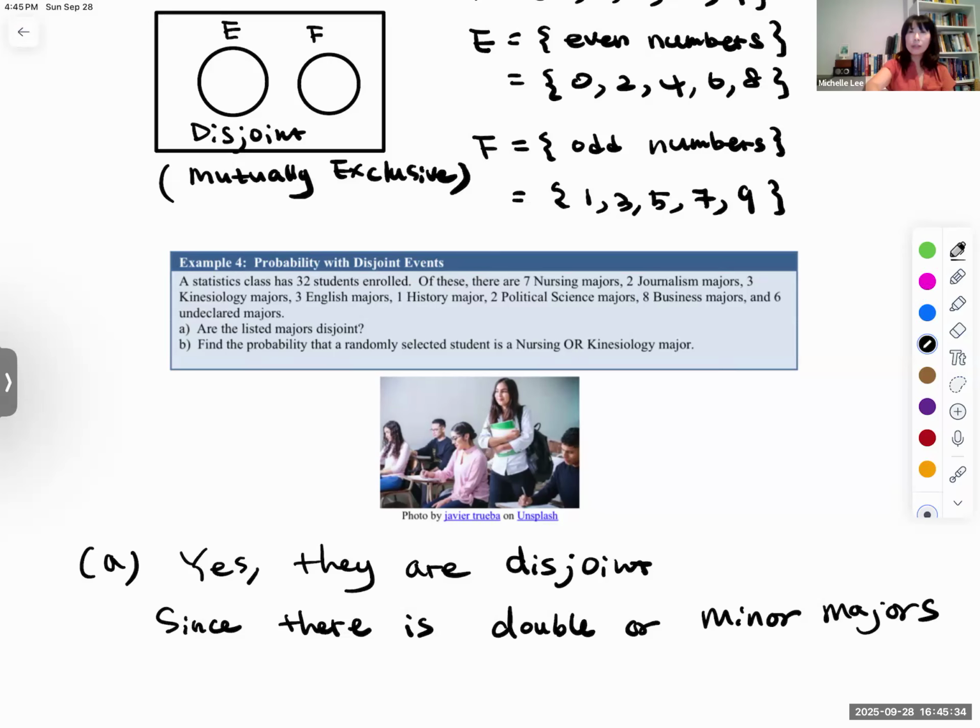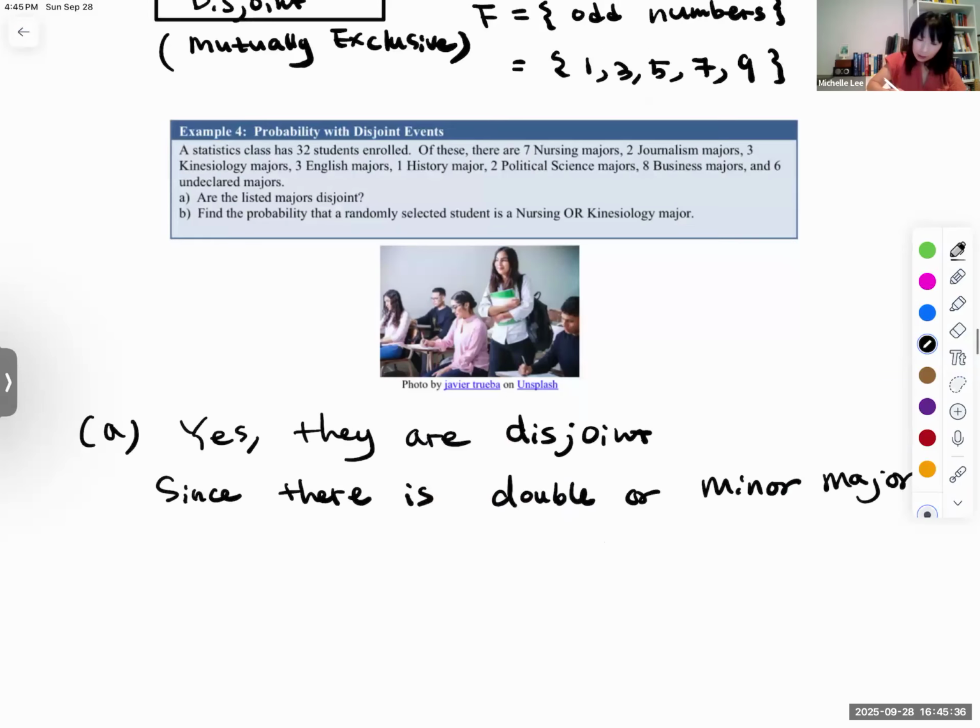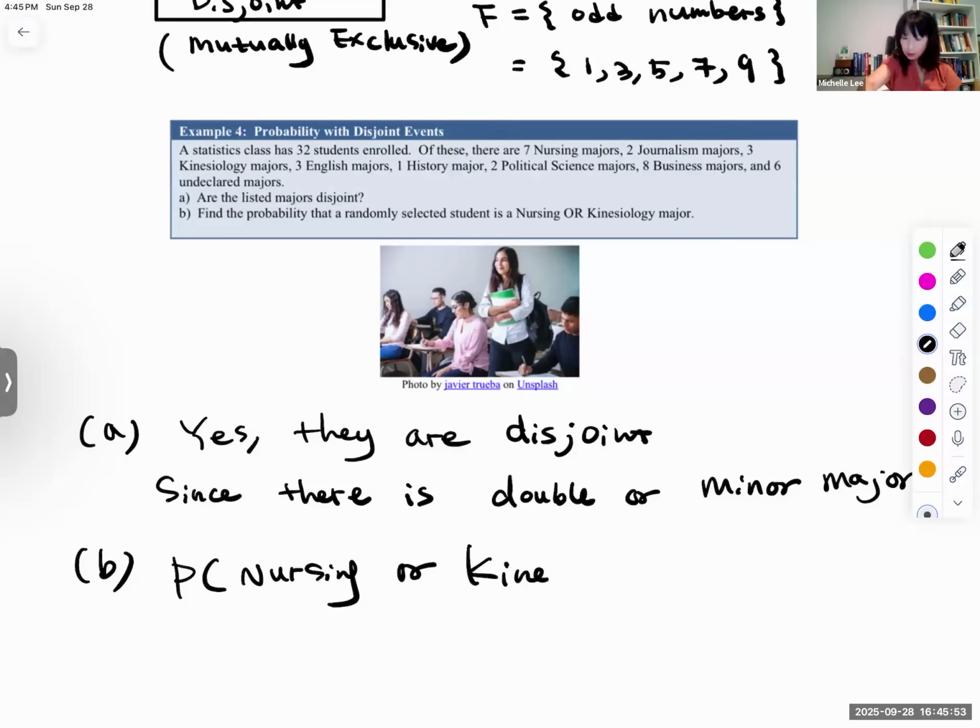So that will be the probability of nursing or kinesiology. Let me just use it like that.